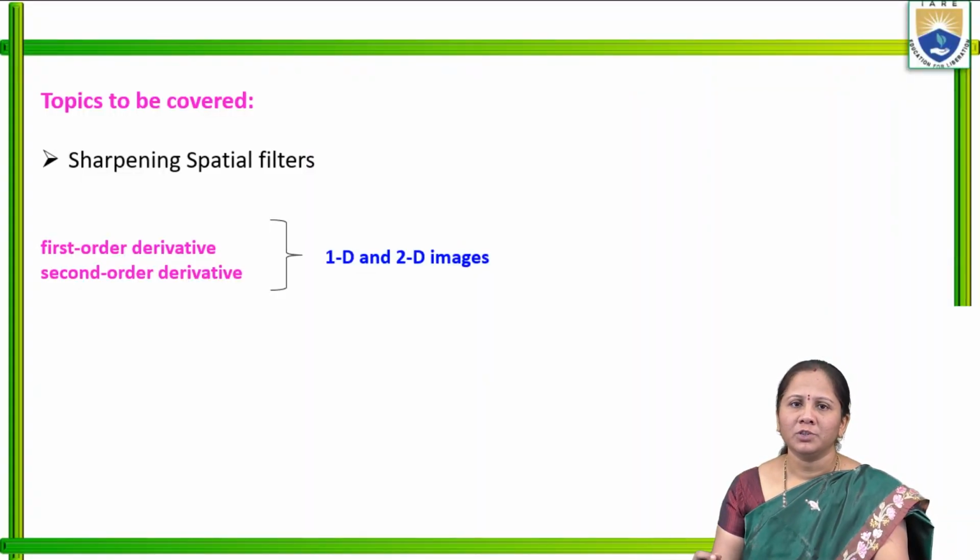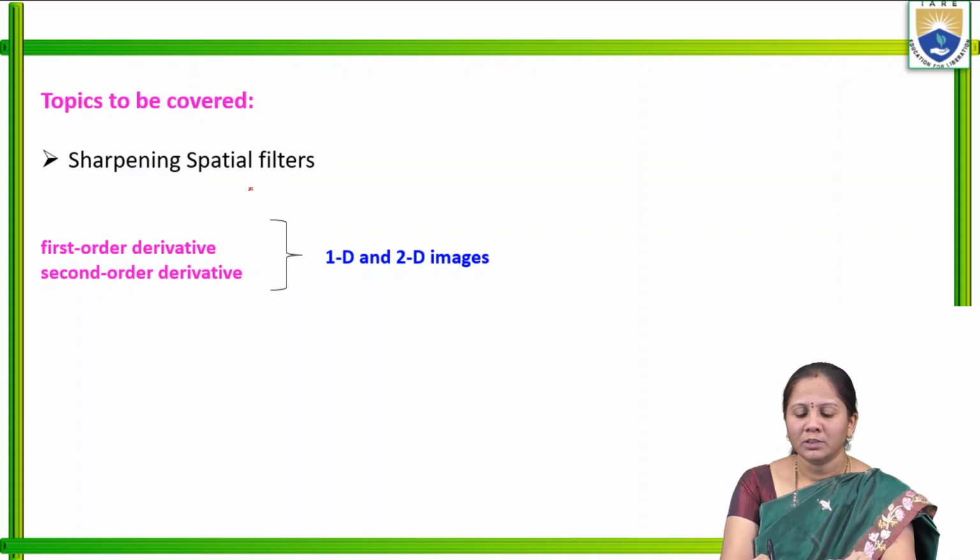In the previous session, for image enhancement, we discussed one topic, which is called smoothing, that is, smoothing of spatial filters in linear and non-linear cases. And now here we are going to discuss sharpening of spatial filters. Both are used for image enhancement only.